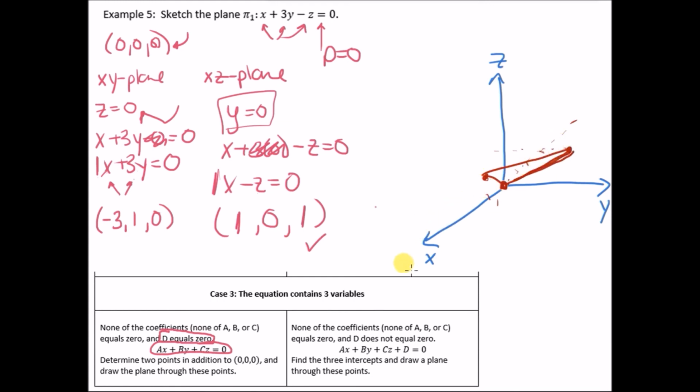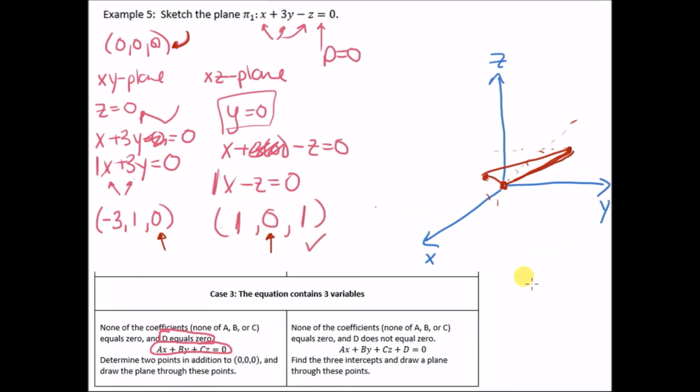Remember, if it goes through the origin, then we have to substitute 0 in for one of either x, y, or z, and then kind of like trial and error almost for the other two variables.